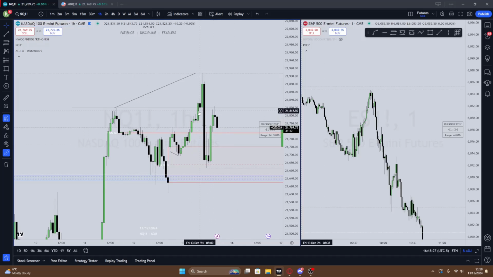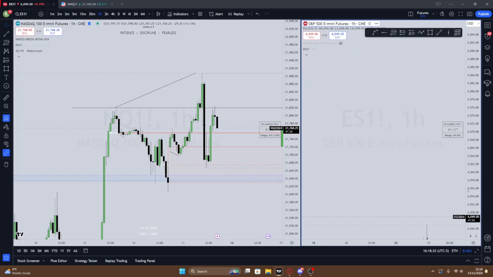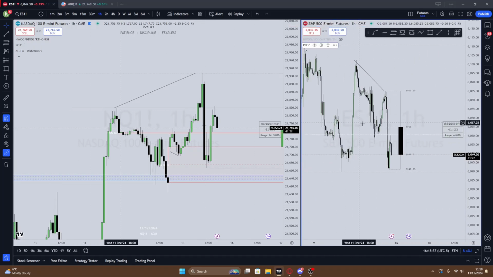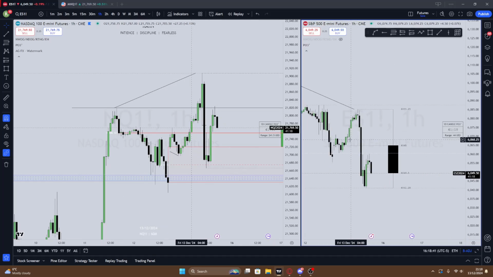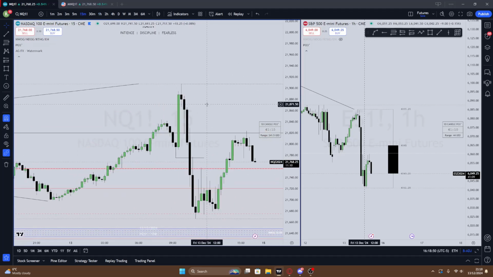And I wanted to see these fair value gaps reject this fair value gap, but the SMT that we created there, did we create SMT? Yes, we did. So we created SMT at these lows. I think both sides of the market were valid today, but it's just that one side was taken.